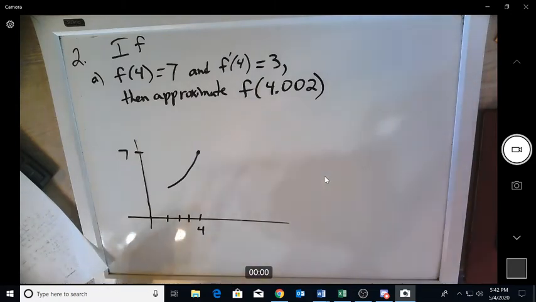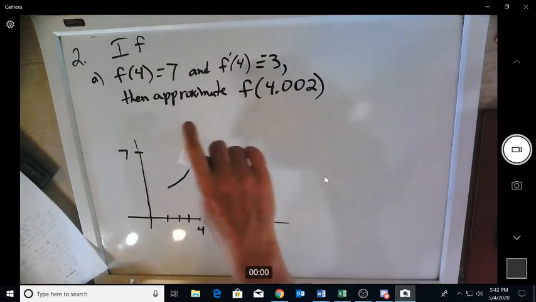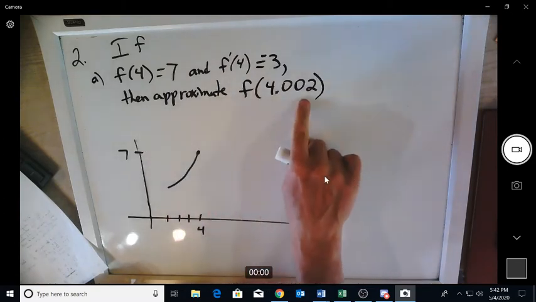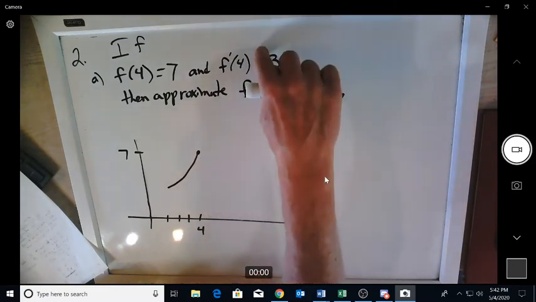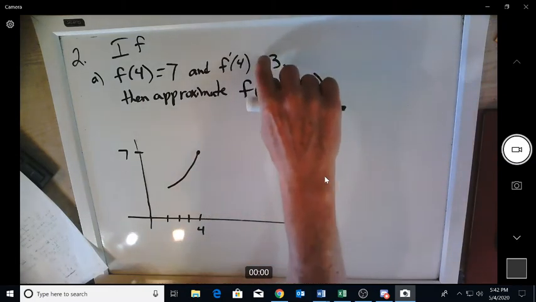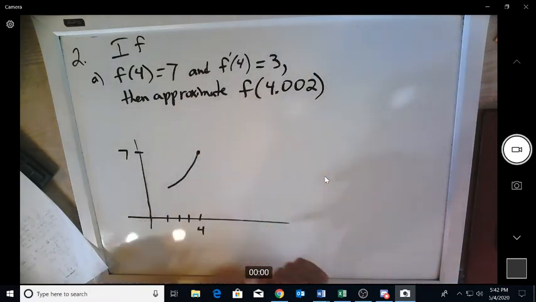So if I had to put a negative number here, then my approximating at a little to the right of 4 would have been a little less than 7. Because this is positive, a little bit to the right of 4 should be a little bit higher than 7.